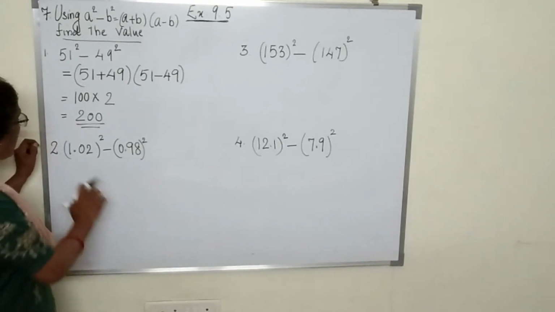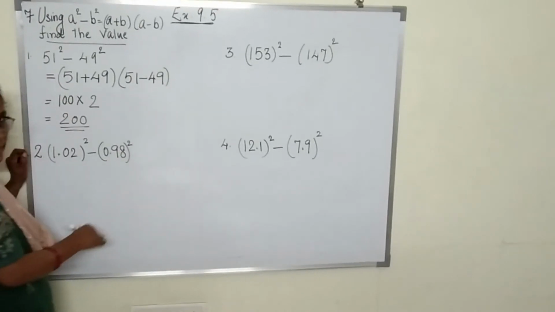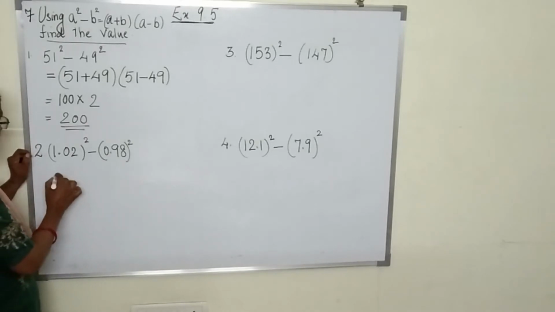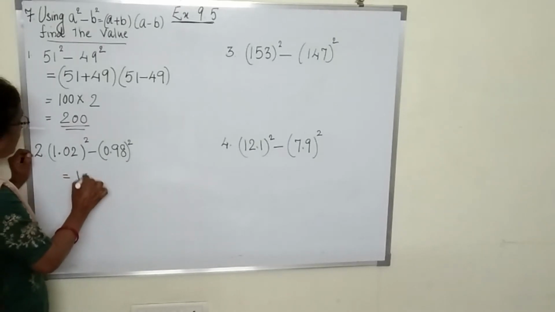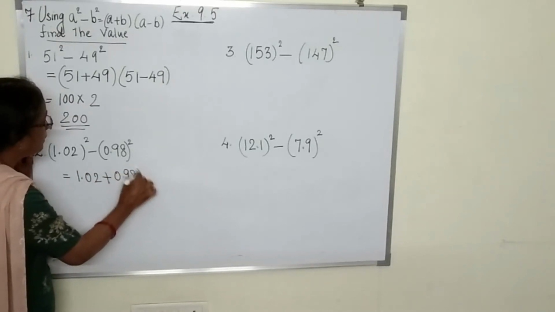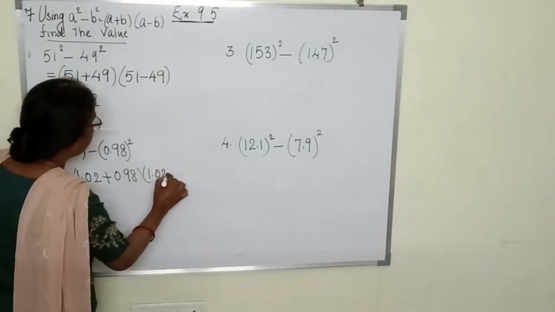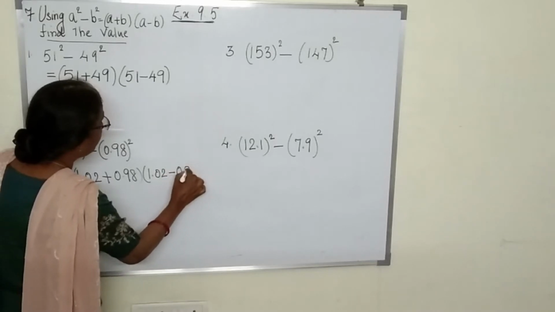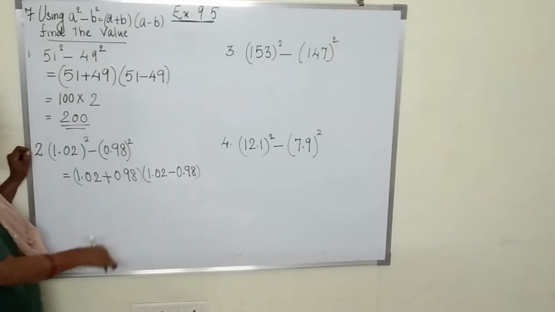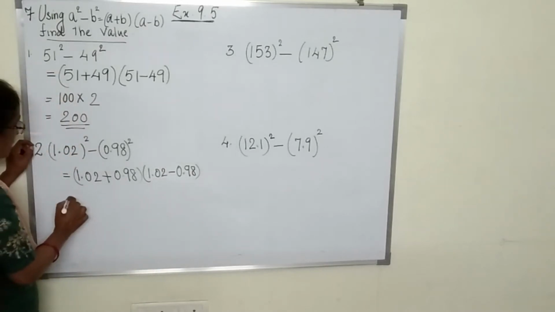Now here, 1.02 whole square minus 0.98 whole square. Again a square minus b square, which is equal to a plus b into a minus b. That is 1.02 plus 0.98 multiplied by 1.02 minus 0.98.